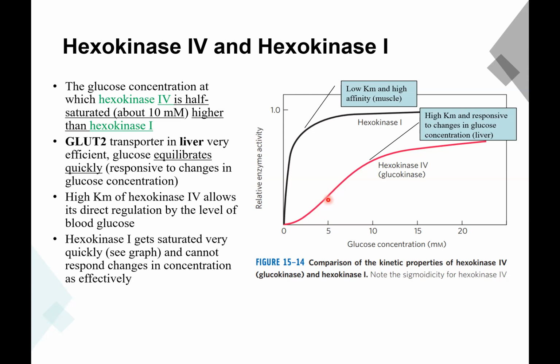If we're at 5 millimolar, we're ramping up pretty quickly, right? And then it starts to level off a little bit around 10 millimolar. So different responses by the enzyme according to different glucose concentrations. Hexokinase 1, on the other hand, as already pointed out, can't do that. But there's more.